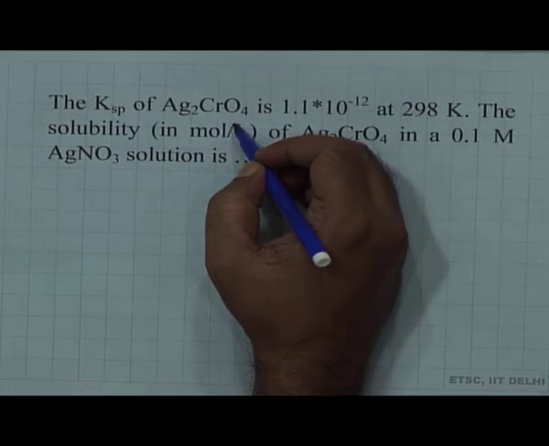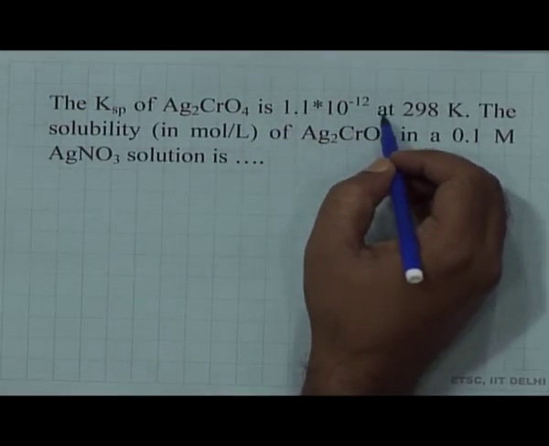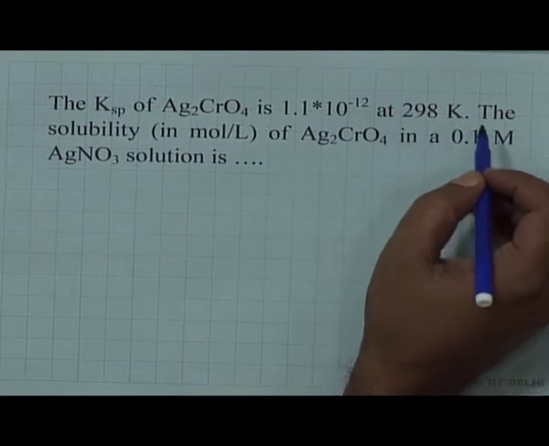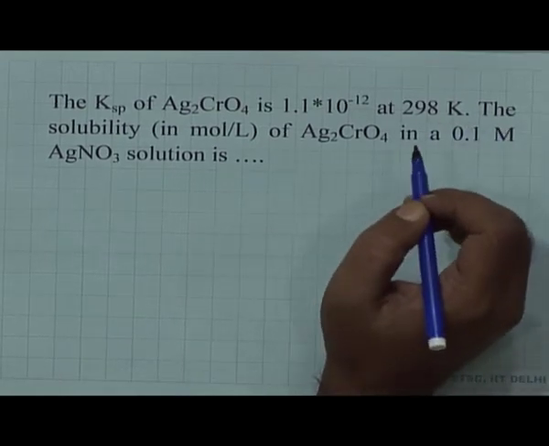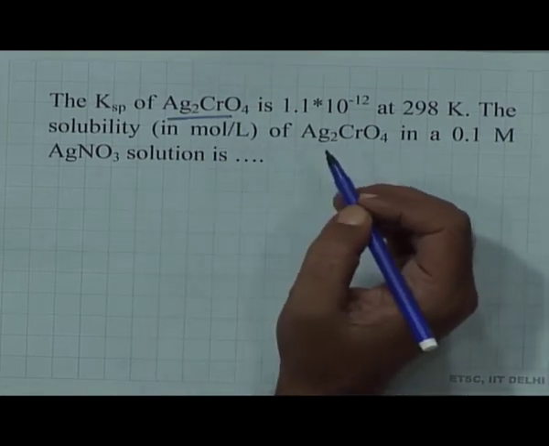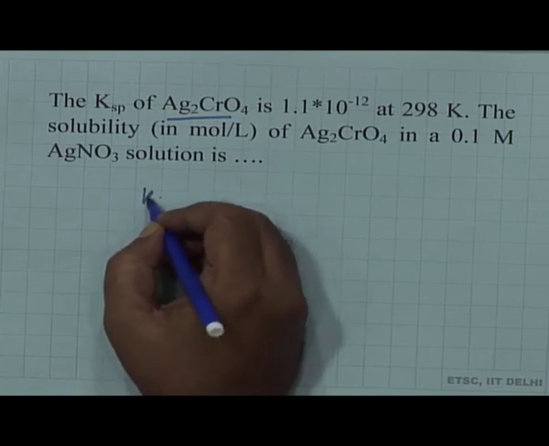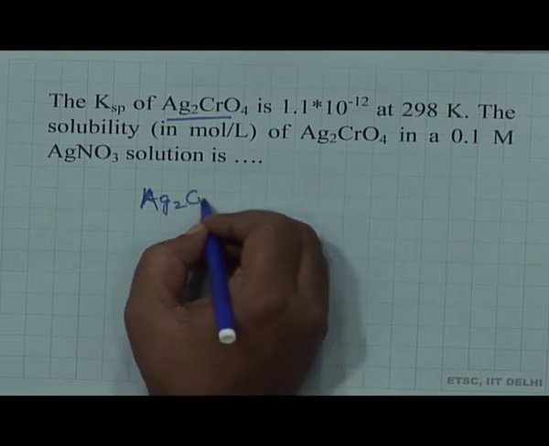The Ksp of Ag2CrO4 is 1.1 into 10 to the power minus 12 at 298 K. So, this is your sparingly soluble salt, and Ksp will be given by, so let us see Ag2CrO4.